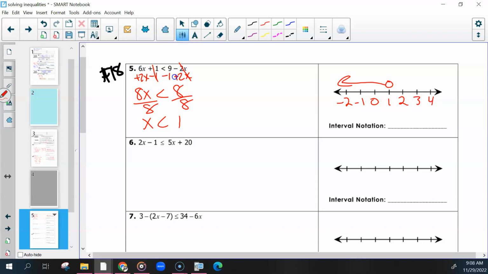Interval notation, where does that start? So I kept going all the way to the left. Negative infinity, so that's a parenthesis. And where does it stop? 1, and it's open, so that's also a parenthesis. Questions on that one?